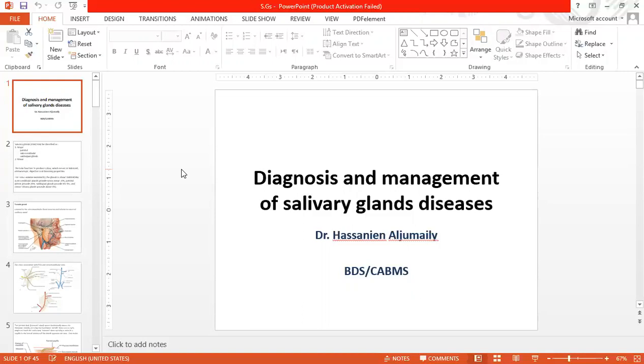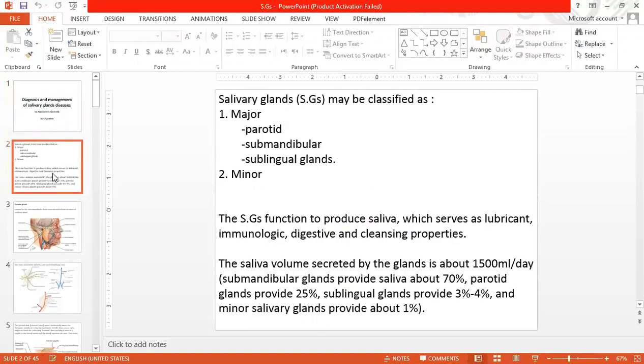Our lecture today will be on the diagnosis and management of salivary gland diseases. Before we start, you should know some physiology and anatomy of the salivary glands. We have two types of salivary glands, major and minor.